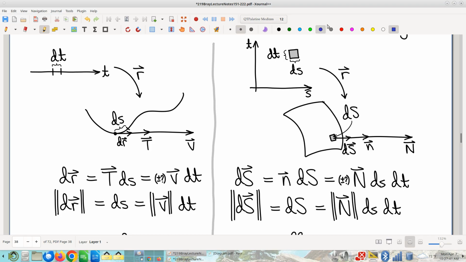In both cases, we parameterize to compute. In both cases, we talk about the derivative. When you're looking at a parameterized curve, the derivative is velocity. When you're talking about a parameterized surface, I'm going to abuse the term a little bit and call capital N a derivative.